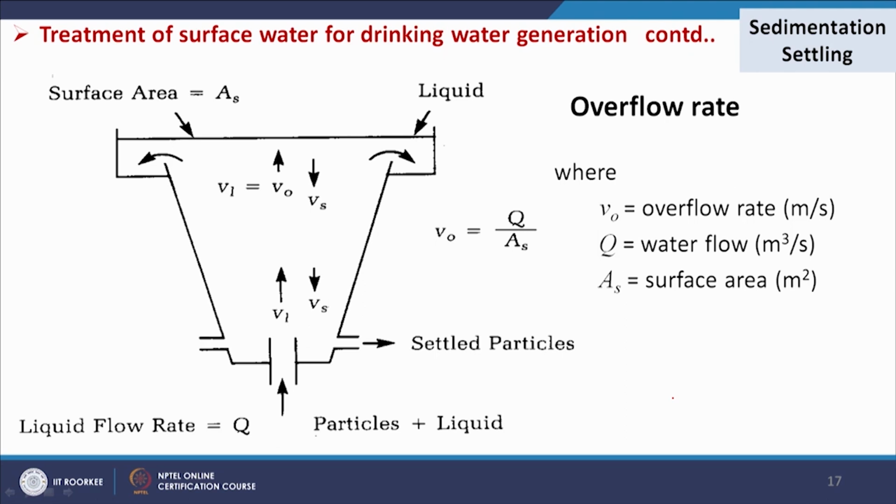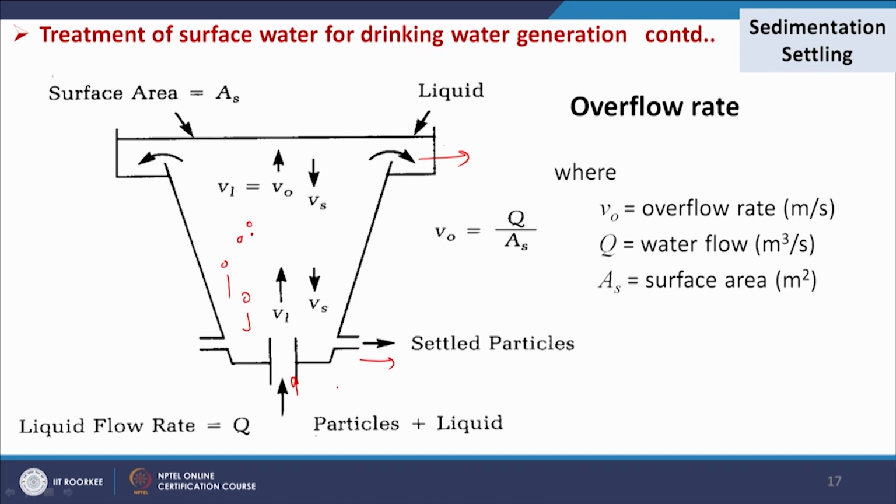And then overflow rate is very important. If we have a sedimentation unit, as discussed in the previous class, particles plus liquid come from this end. The liquid will go up and go out from here, and the particles will settle. Bigger particles will settle first and can be collected here.